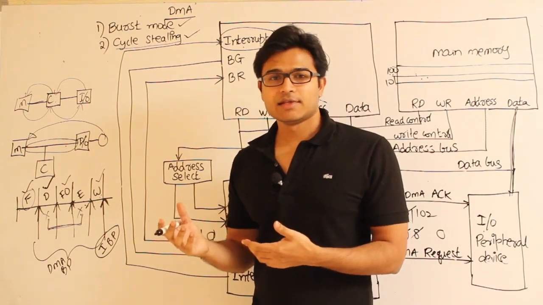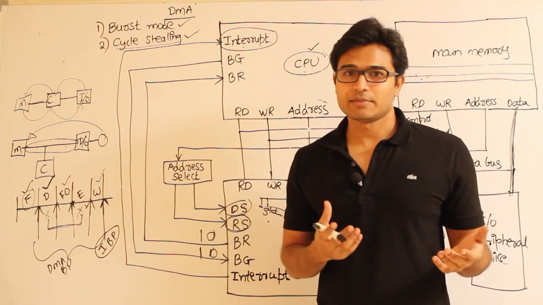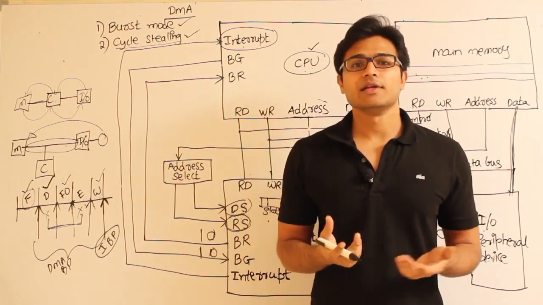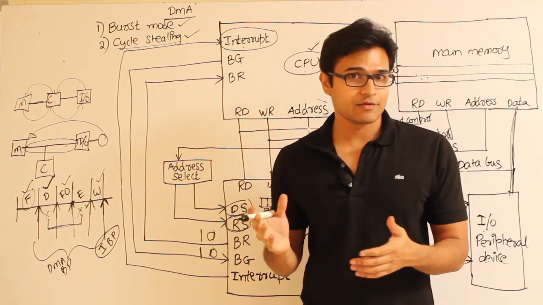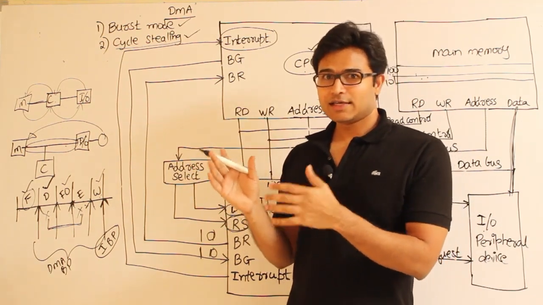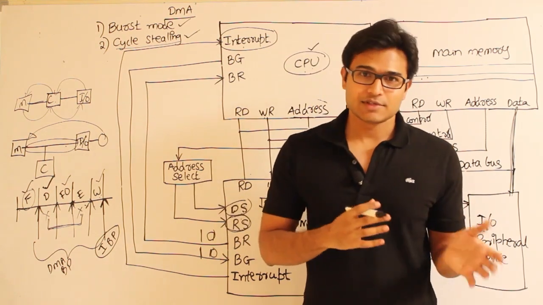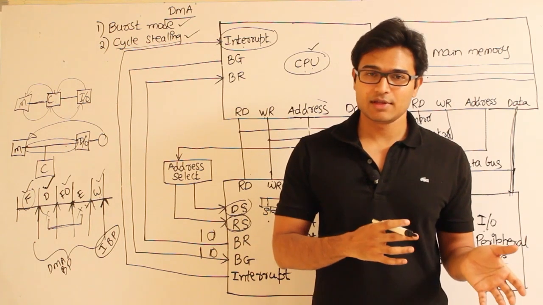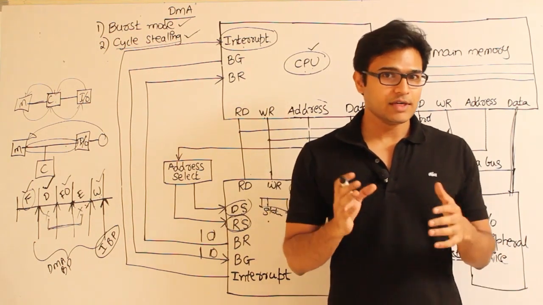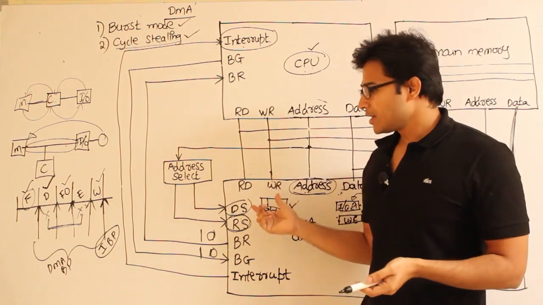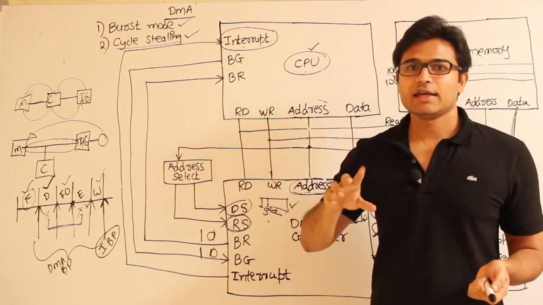One way of saying is that whenever the CPU doesn't need the bus, our DMA controller will take it and give it back without letting the CPU know. That is why they are calling it cycle stealing, right? Other textbooks say that no, the CPU will be asked permission, but the CPU will give it only for one cycle, and our DMA controller will use it only for one cycle and release it.